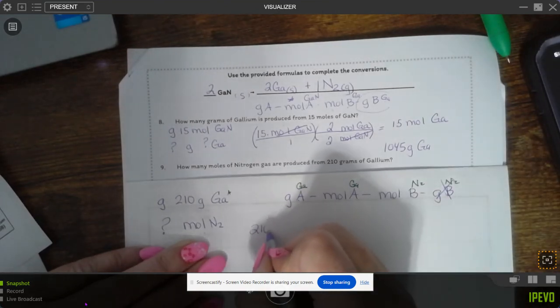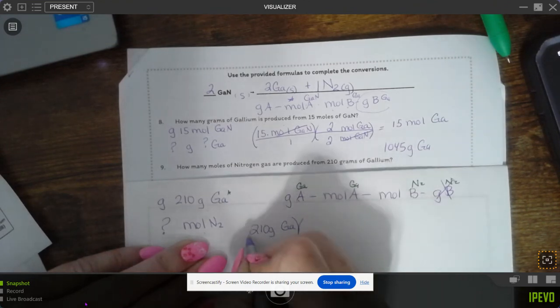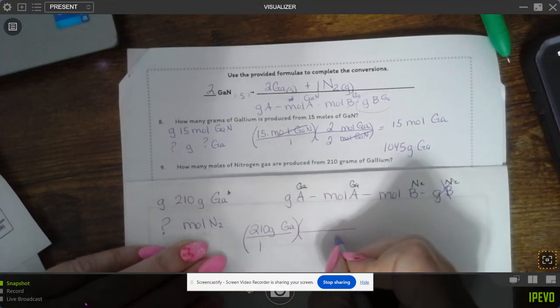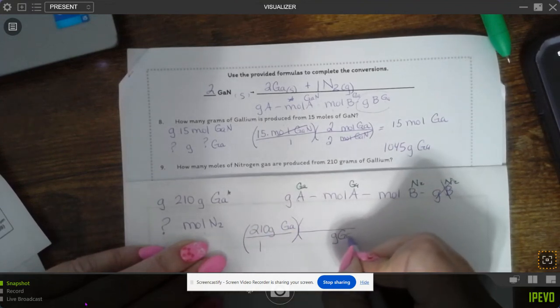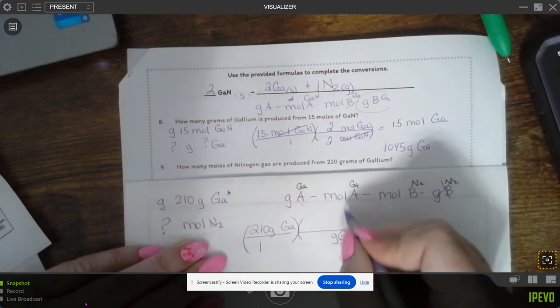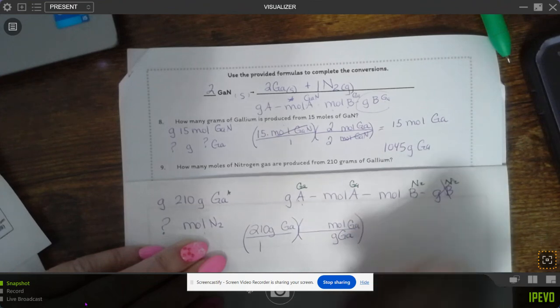So 210 grams of gallium. Grams of gallium is going to go on the bottom. Okay. Moles of gallium, that's our first step. That's what we're looking for. Moles of gallium is going to go on the top.